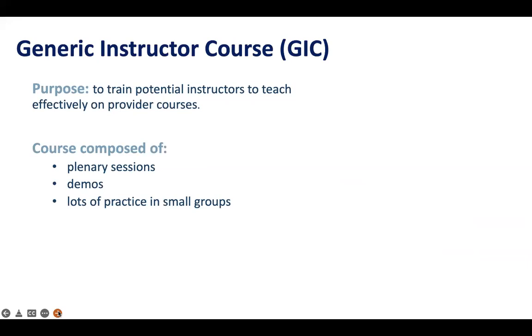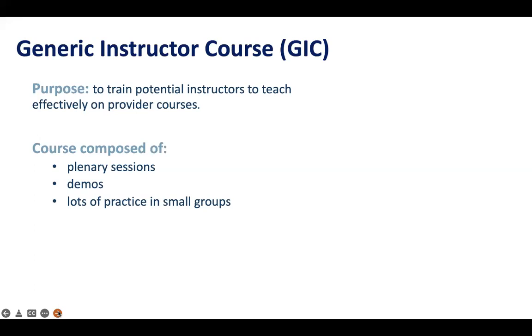So as I mentioned, we have also recognized the importance of training people to teach properly. Education is really important, and it is very important that we are teaching people how to teach so that we can ensure that the teaching is of the highest possible quality.